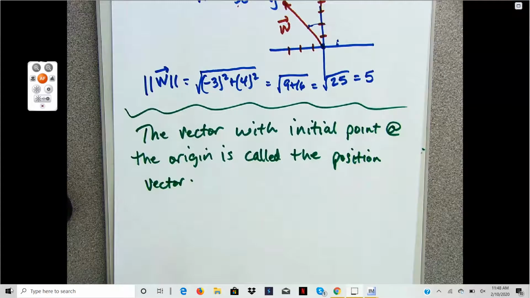So a vector who has its initial point at the origin is the position vector. That's a very creative name.